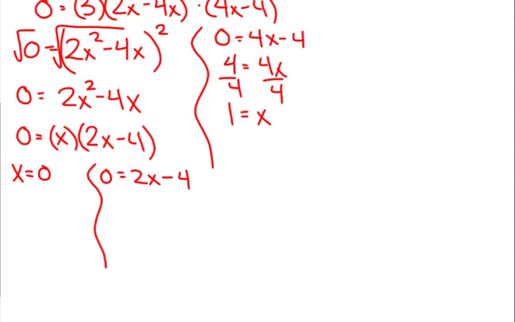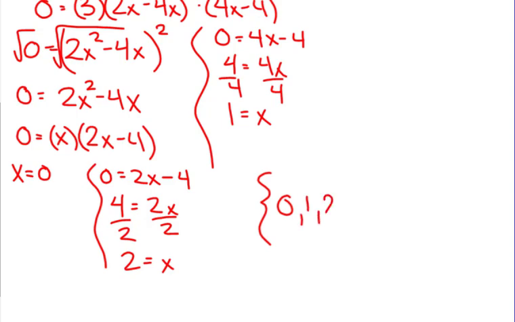So we've got x is equal to 0 as one factor, and now 2 is equal to x. Therefore, we've got 3 spots where our derivative goes to 0, or 3 critical points. So that happens at 0, 1, and 2.